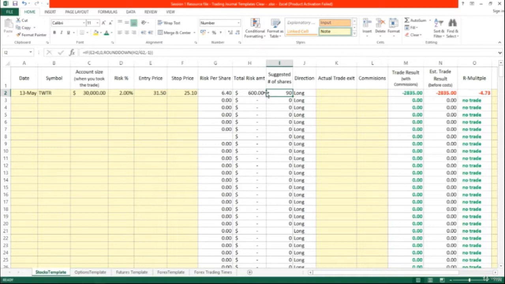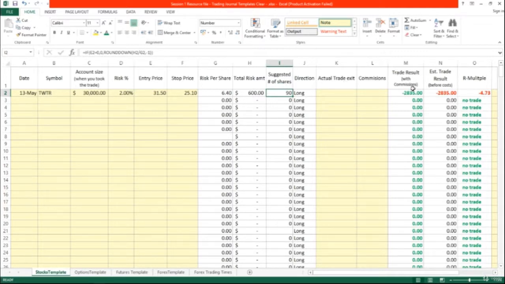For example, to get in at a share price of 31.5 and stop out at 25.1, willing to risk 2% of your total account equity, which is $600, this is the amount of shares that you need to buy.